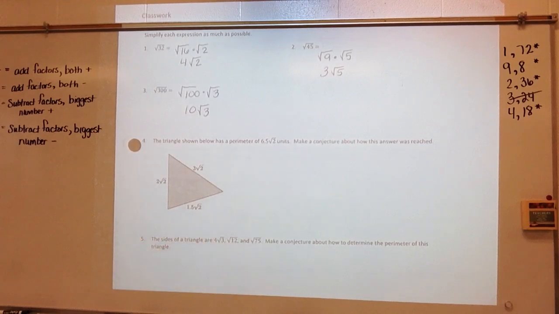Well, I add all the sides together. They got 6.5 square root of 2. If you look at that, 3, 4, 5 plus 1.5 is 6.5. It appears that they only added the numbers in front of the radical.